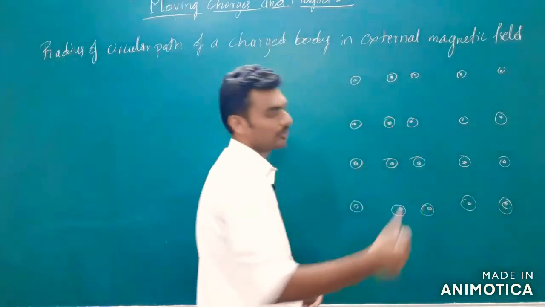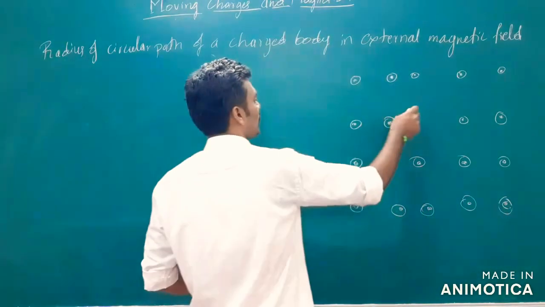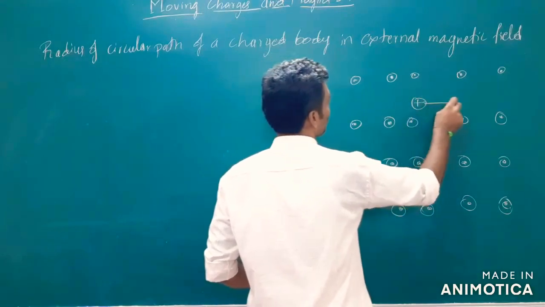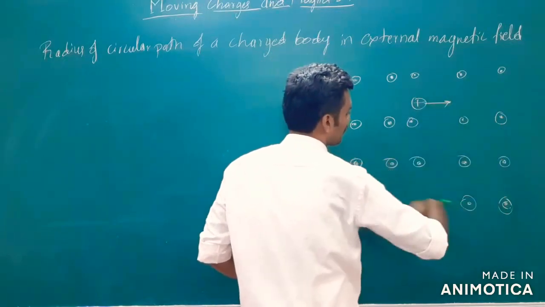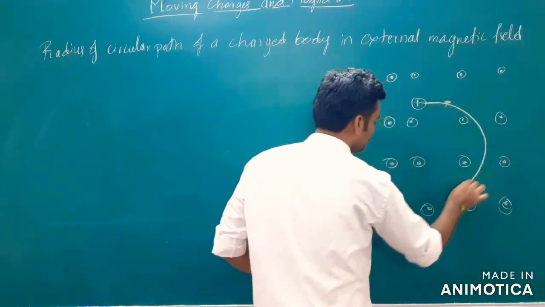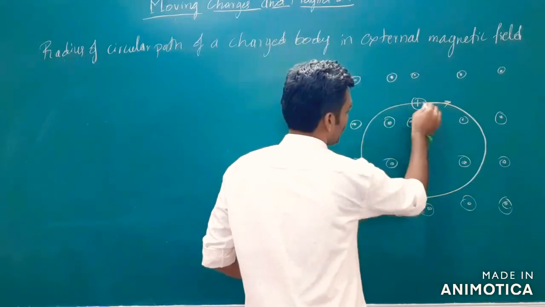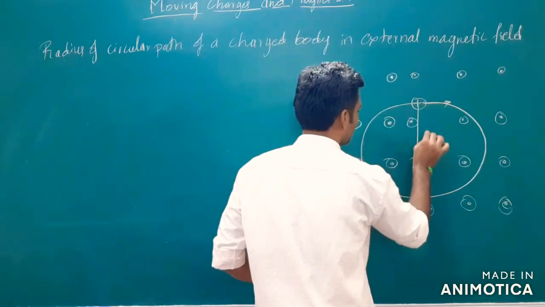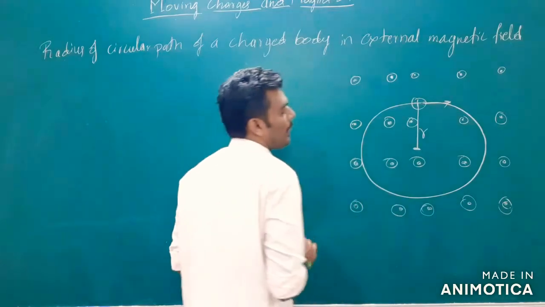Right, out of the board. And now if I throw a positively charged body with velocity v, then it traces the circular path like this, right? And this path has a radius. Let r be the radius.